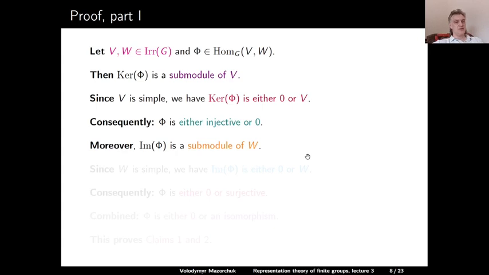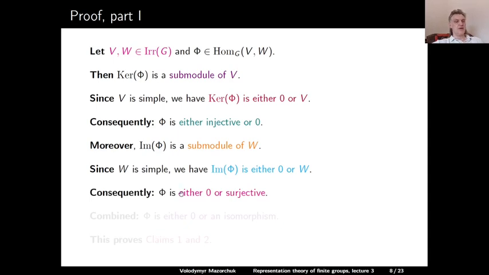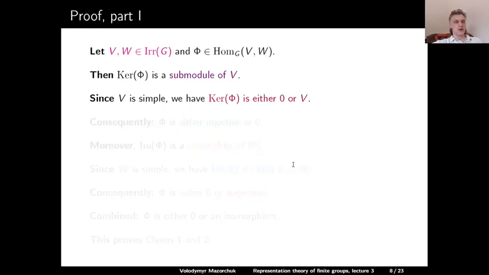Furthermore, the image of phi is a submodule of W. But W is simple, so the image of phi is either 0 or the whole of W. Consequently, phi is either 0, if the image of phi is 0, or is surjective if the image of phi is W. Putting these two things together, we get that phi is either the zero map or is an isomorphism. And this proves both claims 1 and 2 of Schur's lemma.